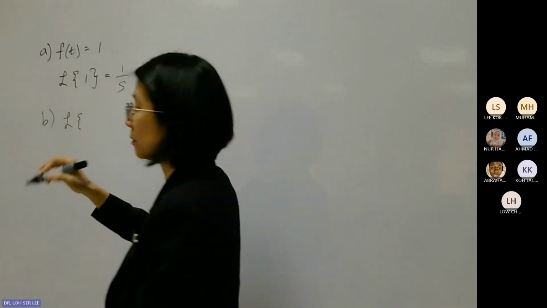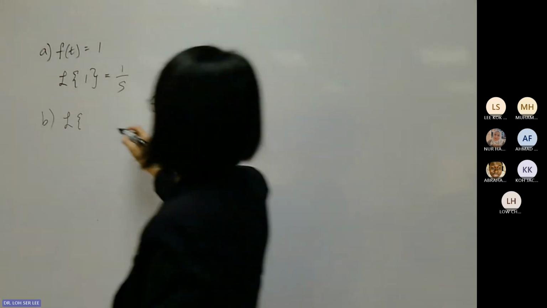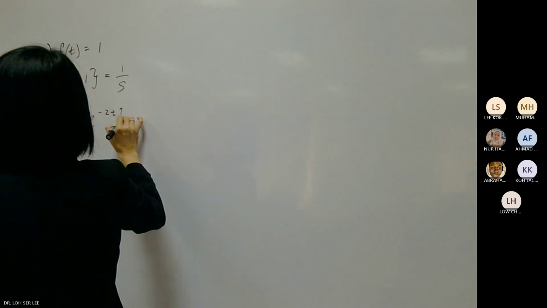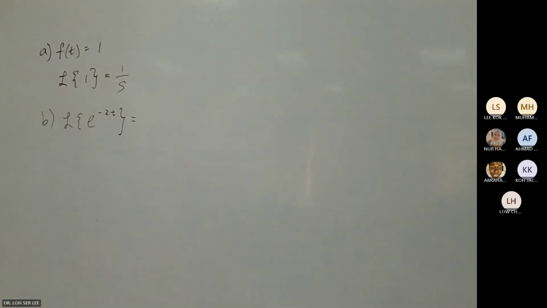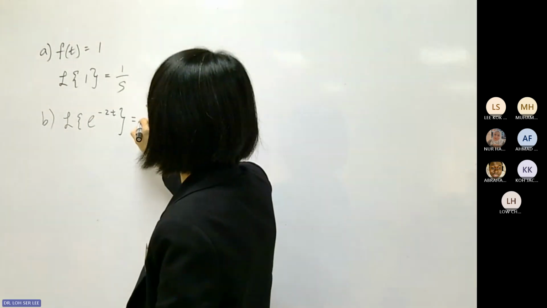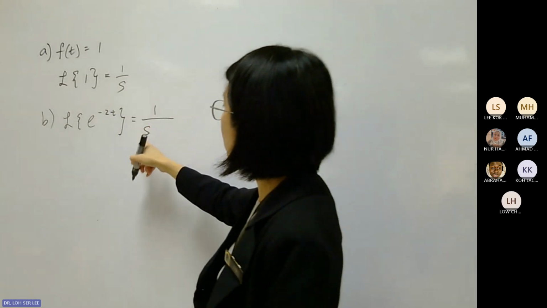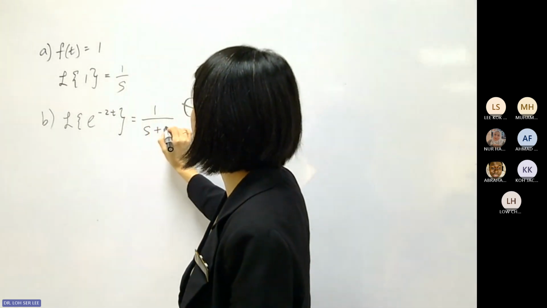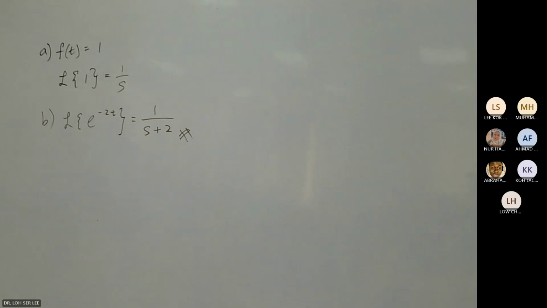For b, it is e^(-2t). For the 1 over (s minus a), a is negative 2. So s minus negative 2, you get s plus 2. Identify the value of a.